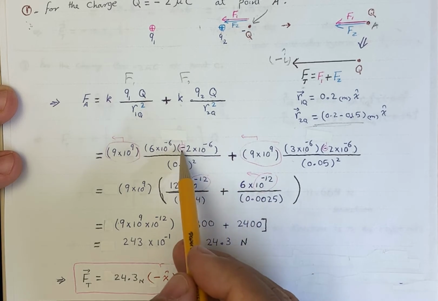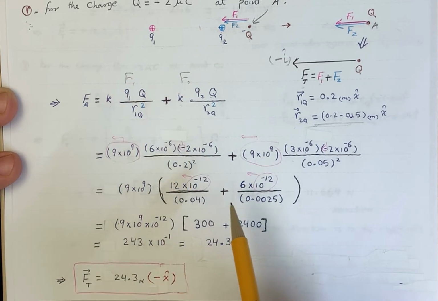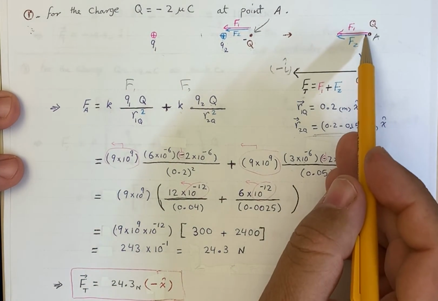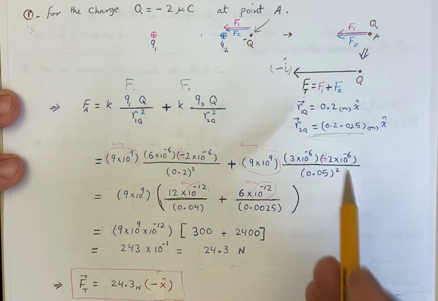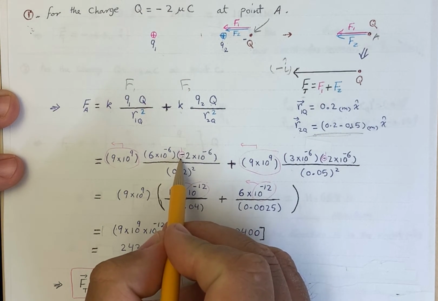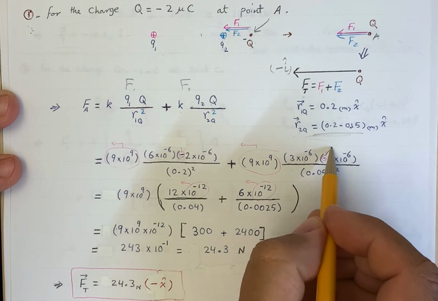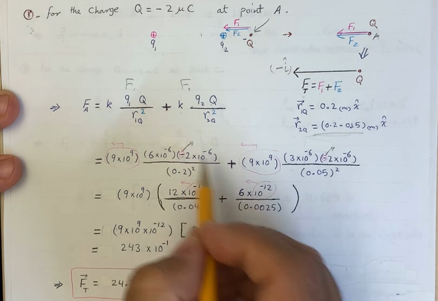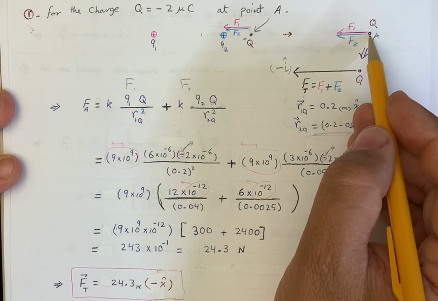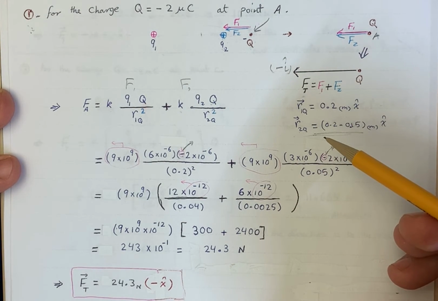Now, the negative sign of the test charge Q tells us about the direction of the force, which is attraction to the left. So I put it here just to show you I don't need it anymore. I drop it because I already used it when I found the direction of the forces.